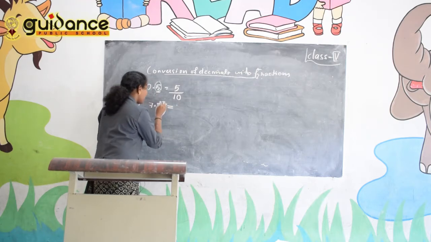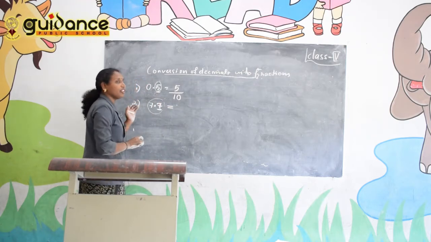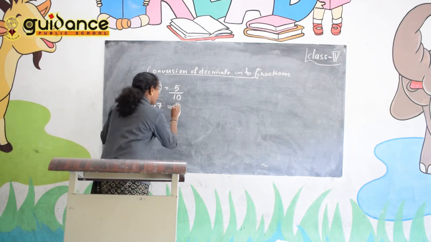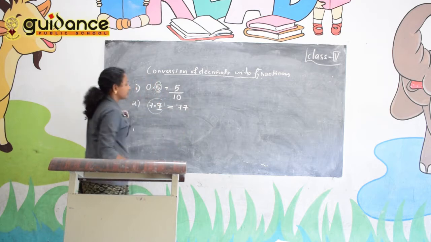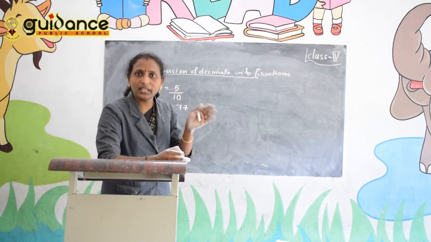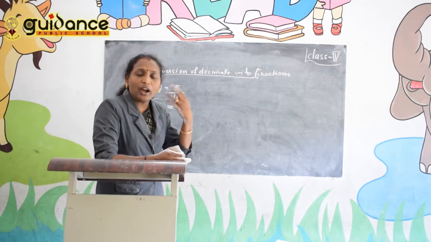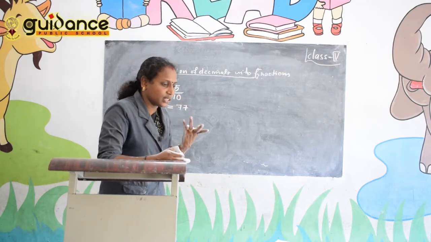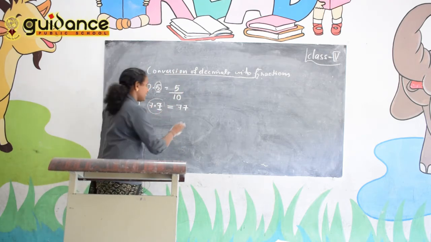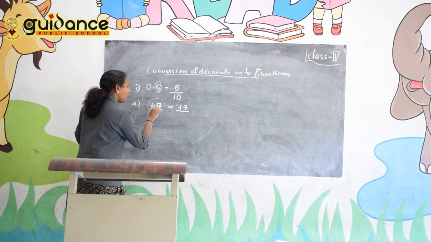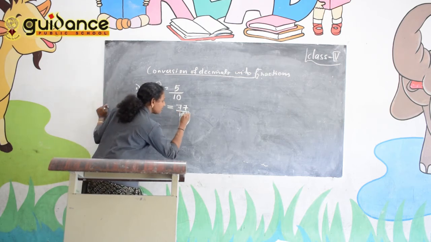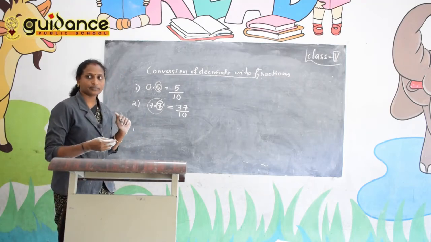First we write the numerator without using the decimal point, that means 77, over 10, since there is only one digit.